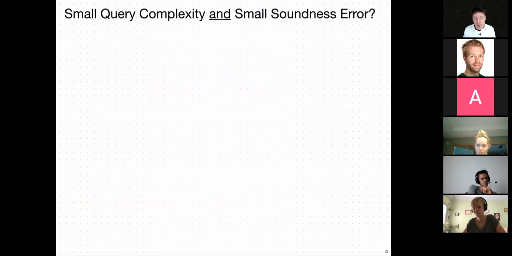Okay, so this leads to a fundamental question in PCP that is perhaps one of the hardest directions, which is, how do we simultaneously achieve small query complexity and small soundness error over a large enough alphabet?